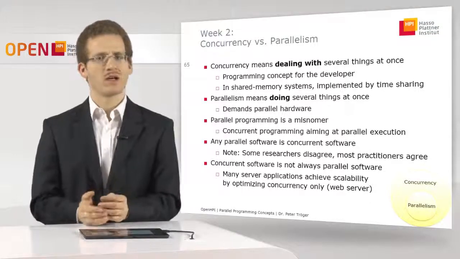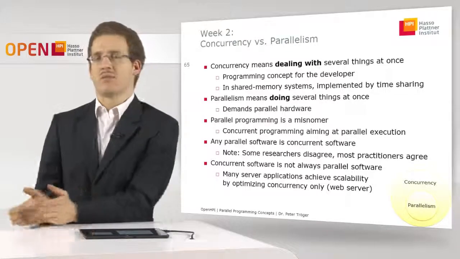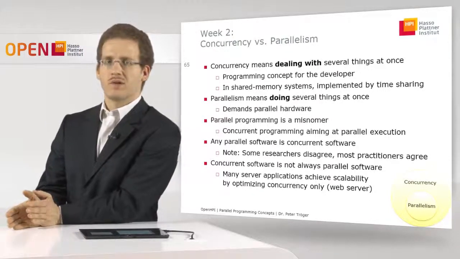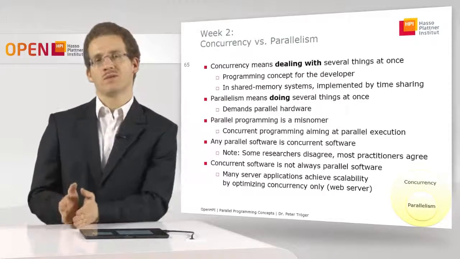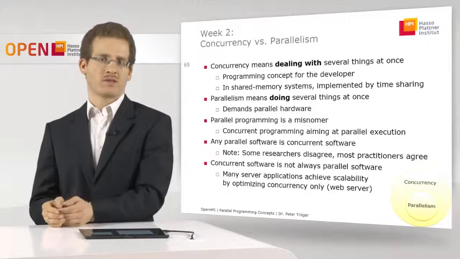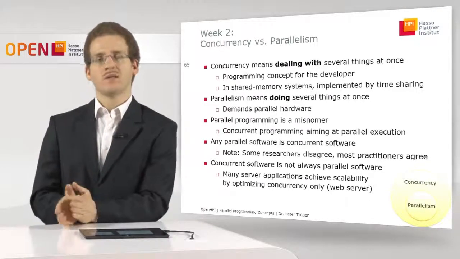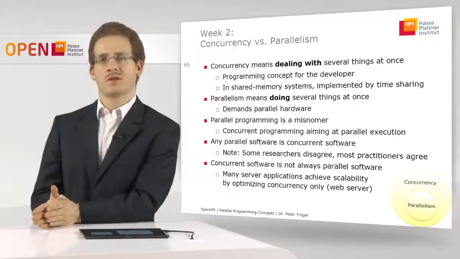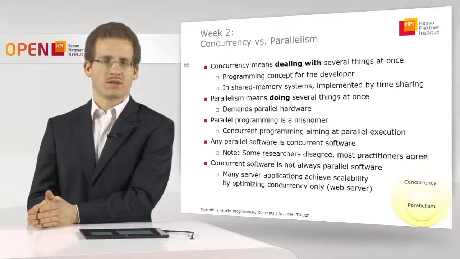After these 6 weeks, you also know now that parallel programming is a little bit more than concurrent programming, because you also have to consider the speed-up question. So when you do your parallel software, yes, it is concurrent with respect to the problems you may get, for example, race condition-based problems. But if you have done that, you also want to achieve some speed-up or some scaling from your parallelization.